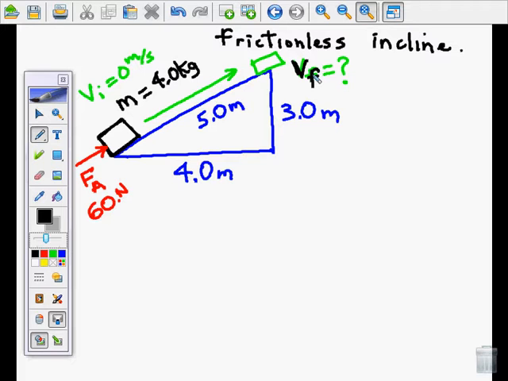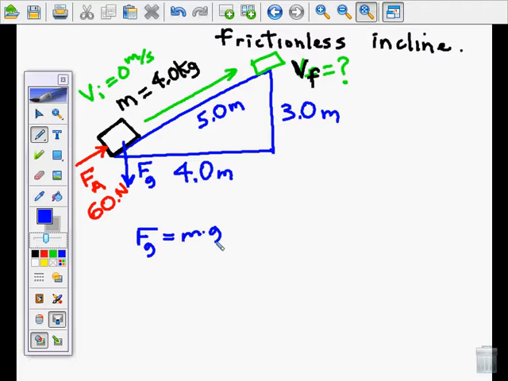Now, the first thing you realize is this object has a weight force, and I could draw that weight force like this. We know that weight force, Fg, equals m times g.